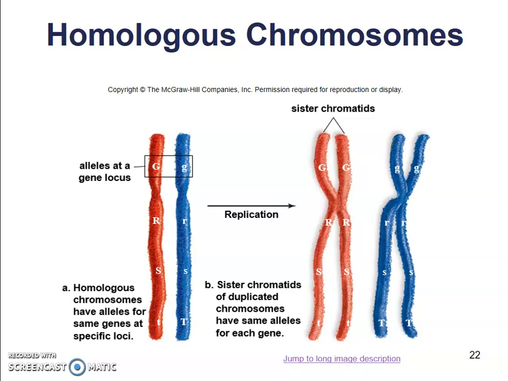Here we have a pair of homologous chromosomes. The alleles are located here. You'll notice that they're in the same spot on the same chromosome. Gene G is here at the top. Gene R is a little bit further down. S is further down from that. And T is all the way down here at the bottom. Replication happens, and we now have two copies.